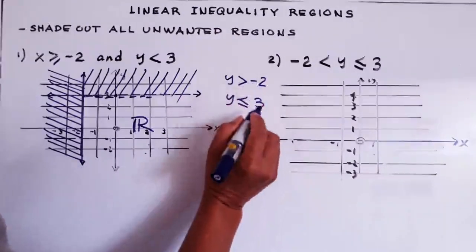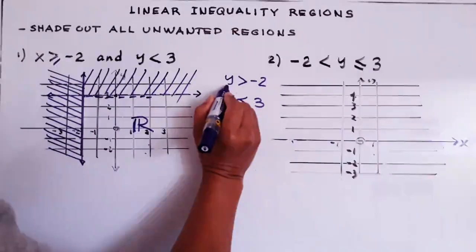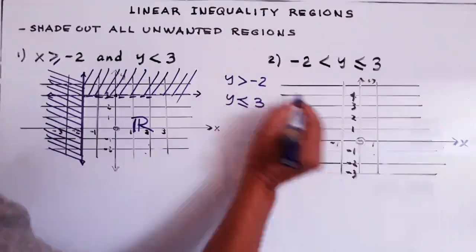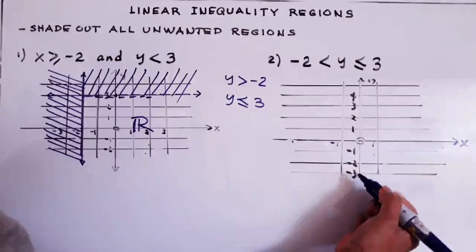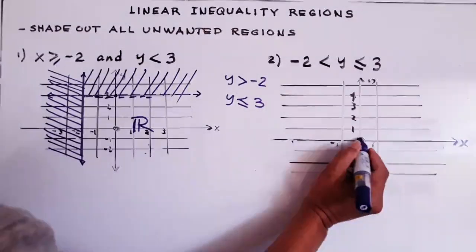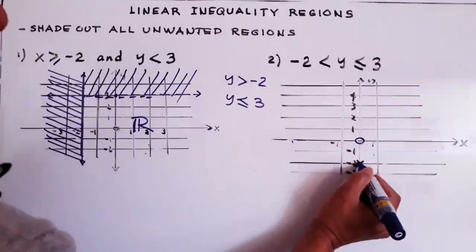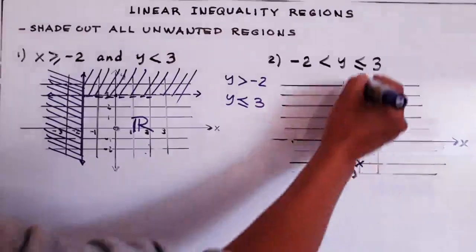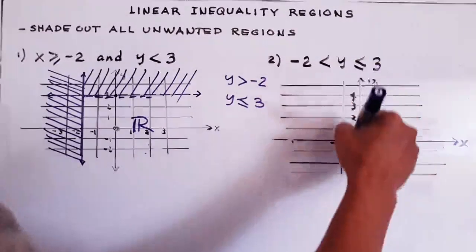For y, we are going to find -2 on the y-axis. Where is -2 on the y-axis? The y-axis is here. Okay? So 0 is here, -1, -2, so it's in here. If that one is on the y-axis, we cannot draw a vertical line here.